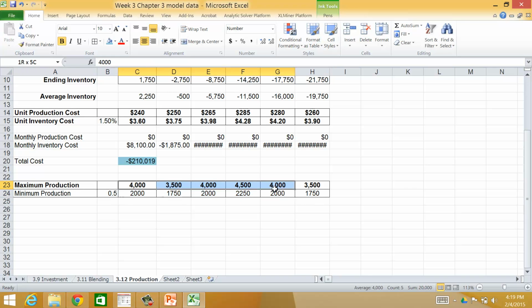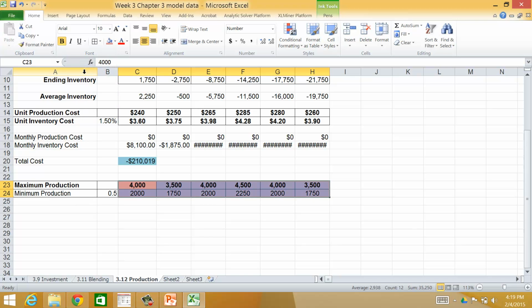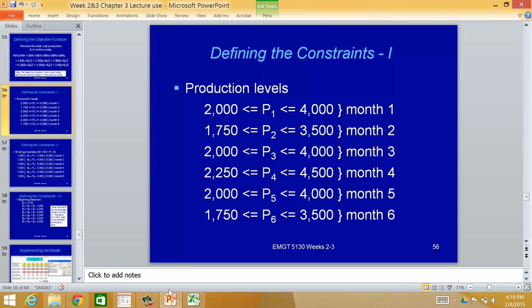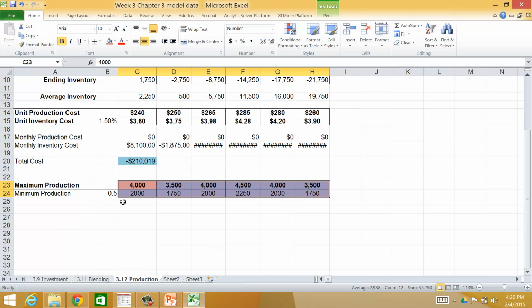And these will be used as the right hand side of my constraint. I'll just highlight them. The left hand side are all of our decision variables. So that's two constraints. And then the next thing is the inventory. We had a group of constraints. Inventory minimum will be 1,500 and the maximum will be 6,000. That's the same for all 6 months. So to put them in the same format, I'll just put here maximum inventory and the minimum inventory.